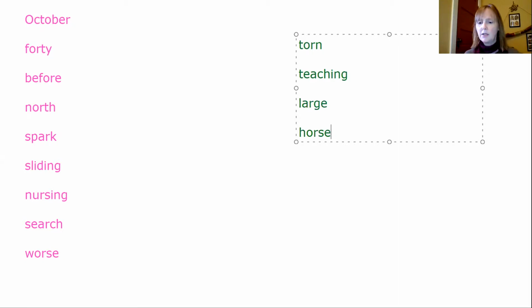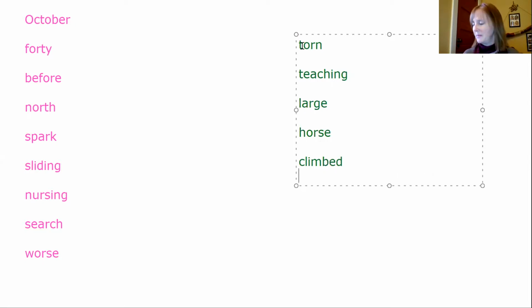Okay, we are going to do a couple more. The next word is climbed. Now remember, climb is a really old word in the English language. It used to have a sound at the end that now is silent. People used to say, climb. I climbed the tree. And then we want to make it past tense, so we're going to add, you're right, ED, climbed.